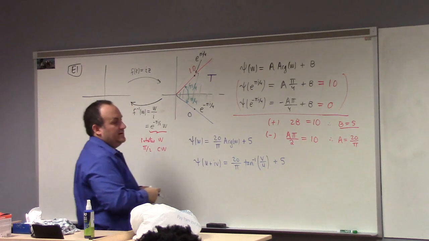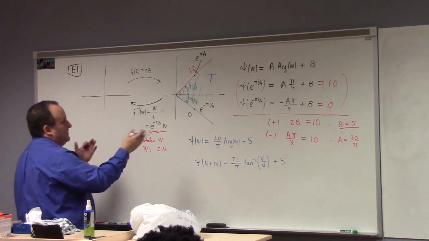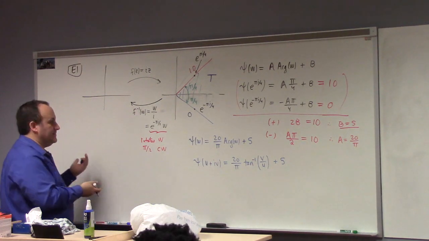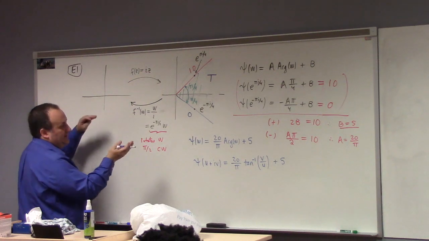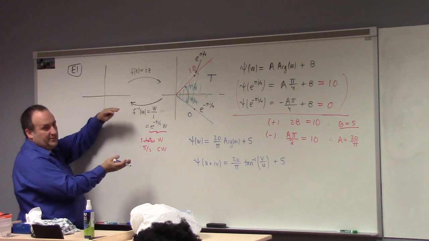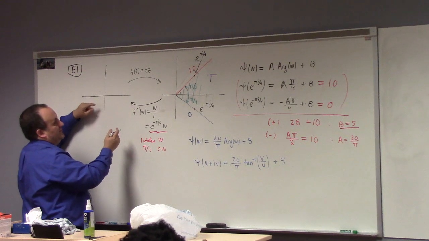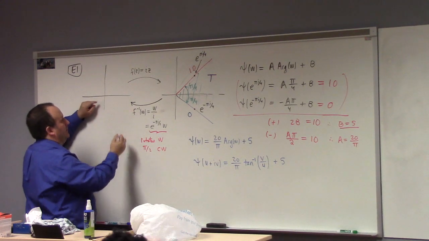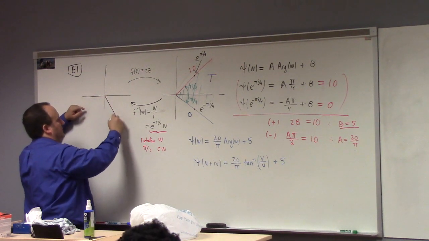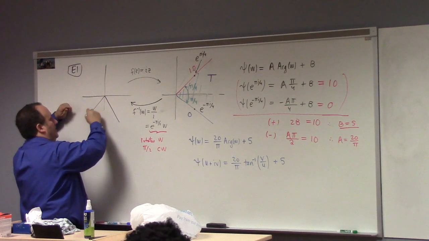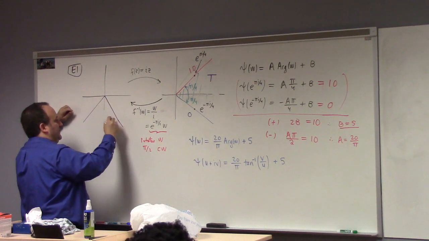Anyway, so T is that. And the inverse image of this wedge T is what? You take it and rotate pi over 2 clockwise, I think. So it should be down here, if I haven't done it wrong. We'll find out soon.